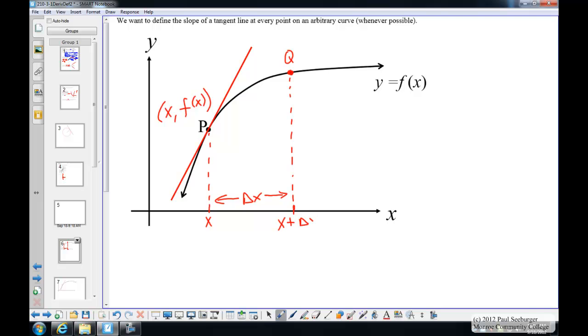X plus change in x. Good. Now, if this x-coordinate is x plus change in x, what's the full coordinate pair for Q? F of, what's inside? Okay, x plus delta x is in there too. Good. Okay, so we've got the full coordinate pair for both points.